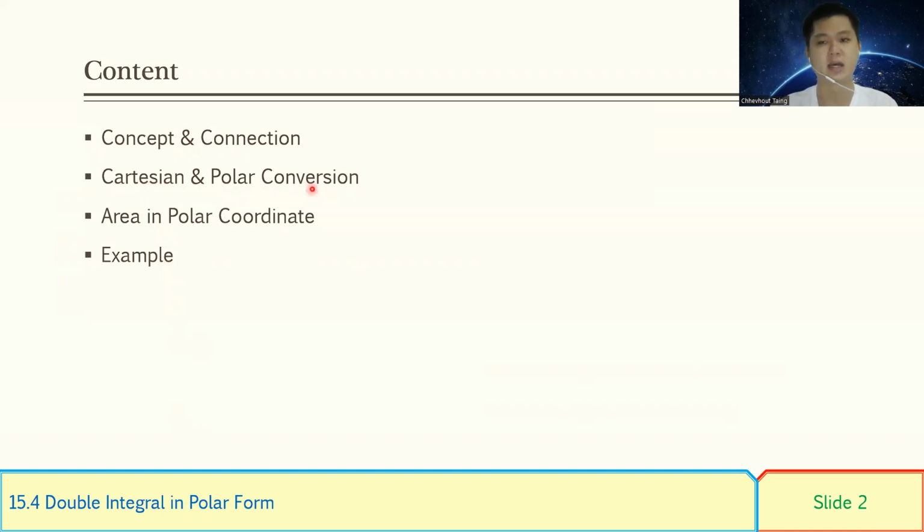This part is something we have already learned, but it's just a small review. Then I'll talk about how to use polar form in double integration to help you deal with some specific regions. And then lastly, I'll talk about area in polar coordinates. And at the end, we'll do one example.